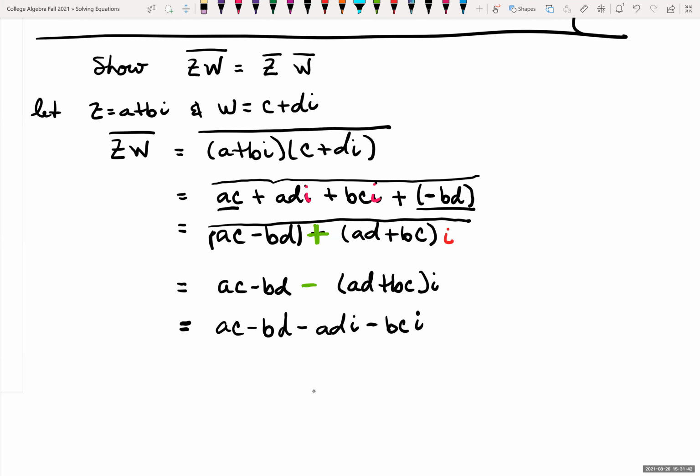Okay, so let me see, what can I group together? So let's group AC minus BCI together. I'm just going to rewrite those next to each other, AC minus BCI.